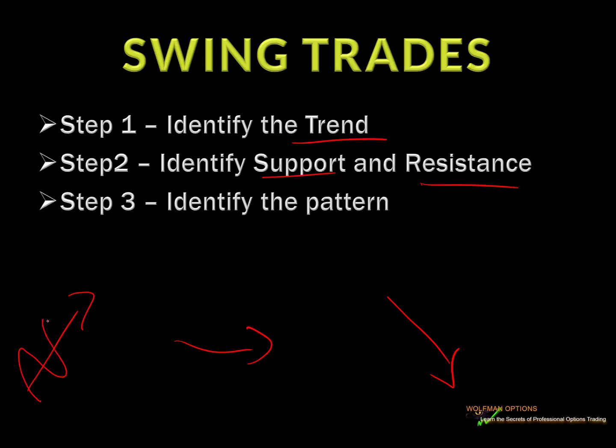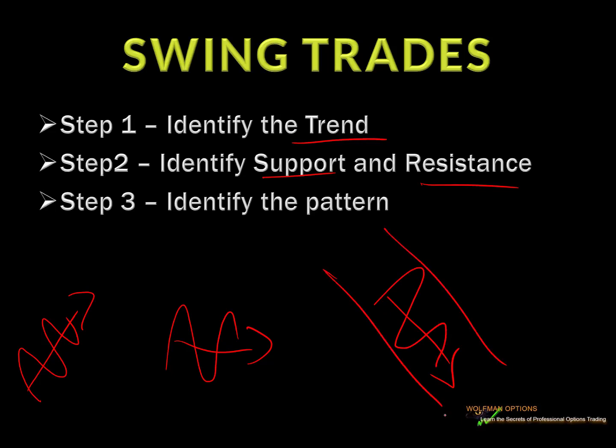That's where we've seen the pattern happen, right? You could say that is resistance, we found support. You draw the lines in and around there to find your support and resistances. And then identify the pattern within the trend, okay? That would be figuring out what's happening within that overall trend based on your setup.